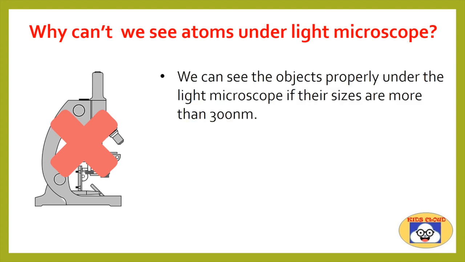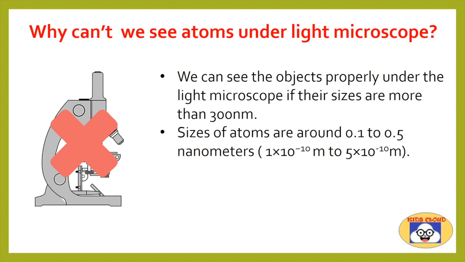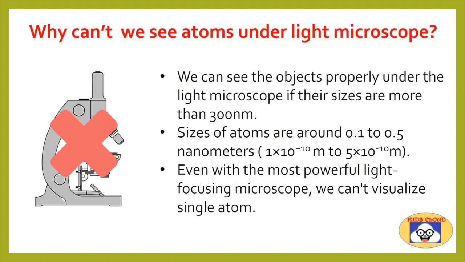We can see the object properly under a light microscope if their sizes are more than 300 nanometers. But sizes of atoms are around 0.1 to 0.5 nanometers. Hence, even with the most powerful light focusing microscope, we can't visualize a single atom.